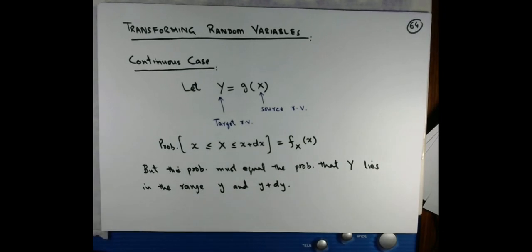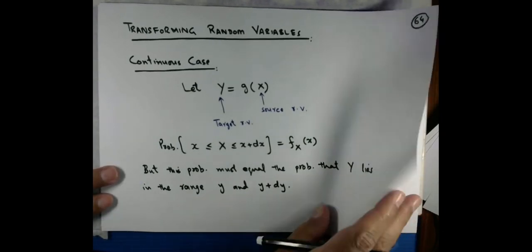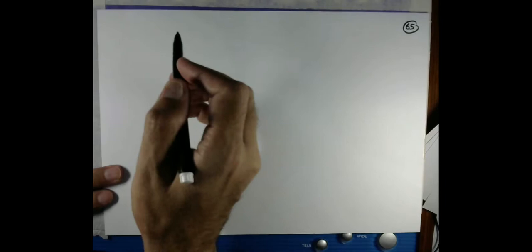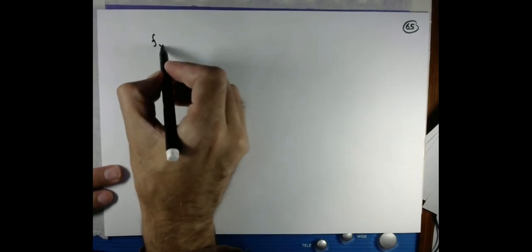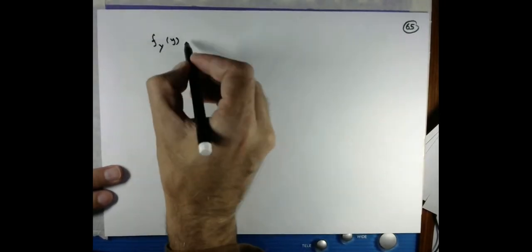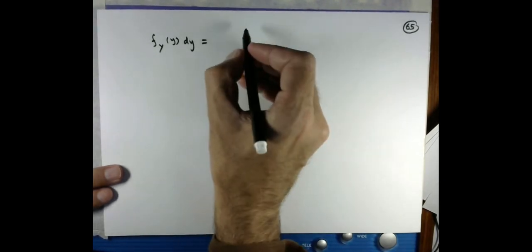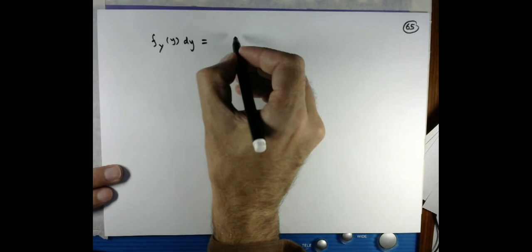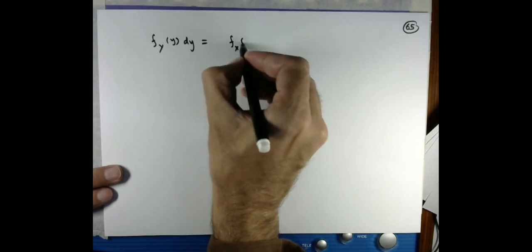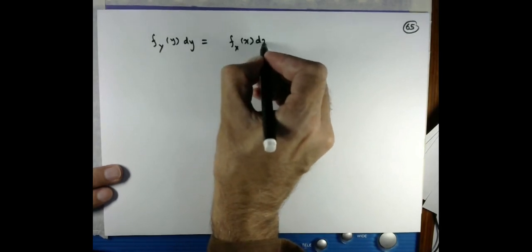This should be automatic. So if this is understood, we can simply write that the PDF of y times dy is equal to the PDF of x times dx.